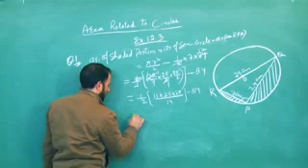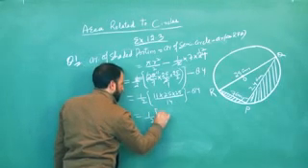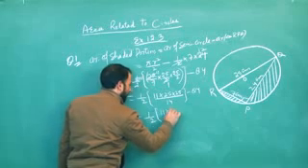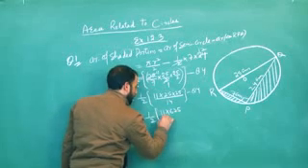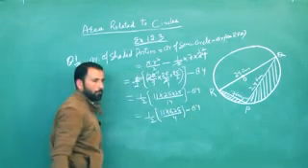So, here it is 1 divided by 2 into 11 into 625 divided by 14 minus 84.